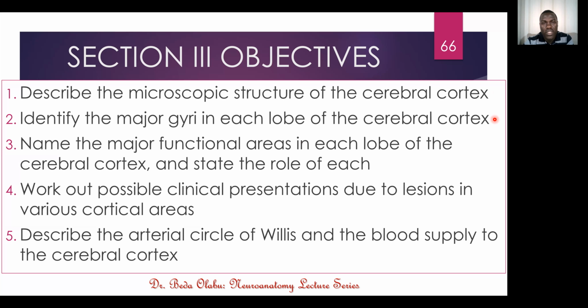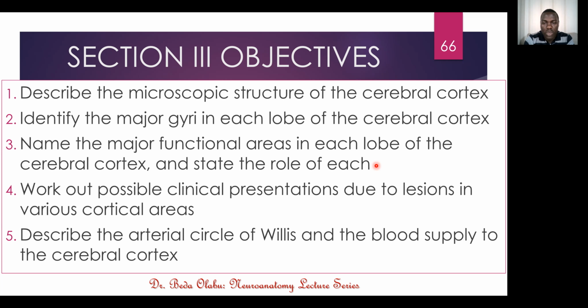And for those gyri that we identify, we are going to give names to the cortices that those gyri house. The cortices are named according to their function. So we are going to give names to those cortical regions which are housed by the gyri, and we are going to state the role of each of those cortical regions.